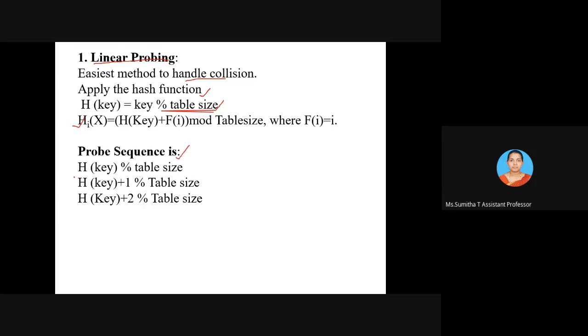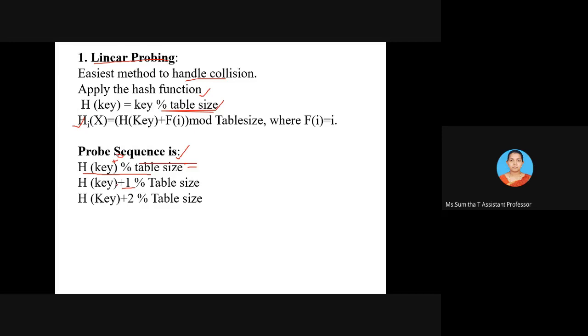First we need to go with the basic formula, hash key equal to h of key mod table size. In this way we get one integer value, right? After that, once the collision occurs, then we go with this formula, that is h of key plus 1. In the normal position we can say this is plus 0, right?